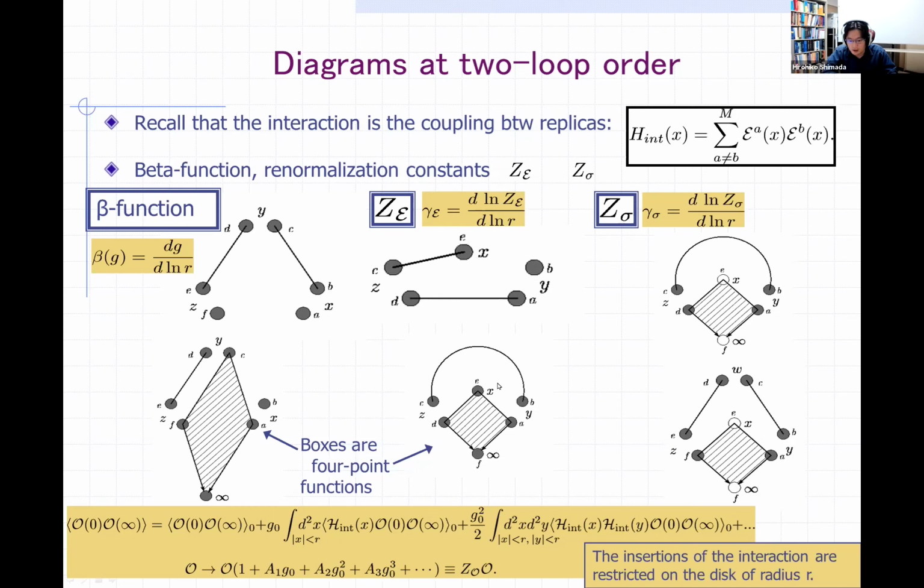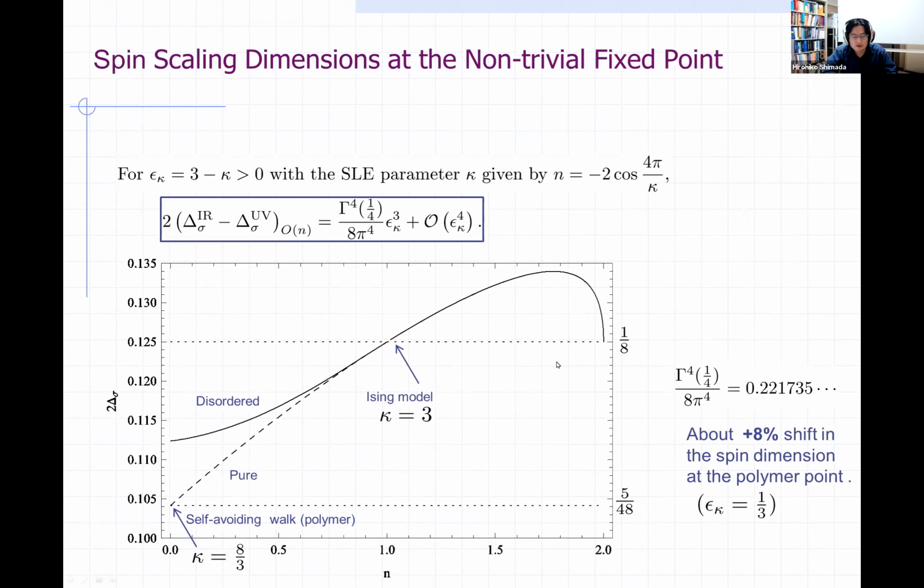This is basically a real space renormalization group computation. And here is the result for the unmasked dimensions for the spin operator. So if this fixed point persists at n equals 0, it is like 8% of the original spin dimension.